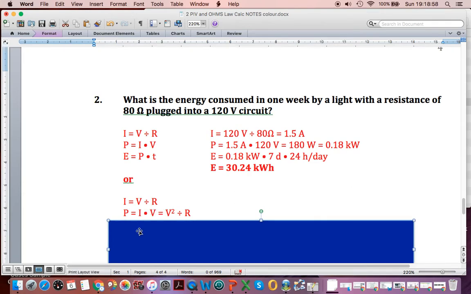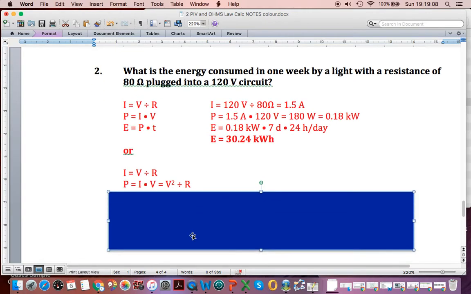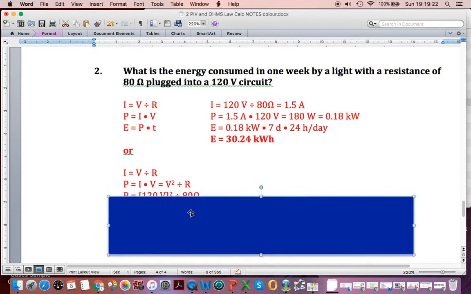So V over R times V is V squared divided by R. Many students don't necessarily understand how this formula came about, but it often makes it easier for them. So we know what the current was, and we know what the voltage is. So we can get our resistance, and we are off to the races.